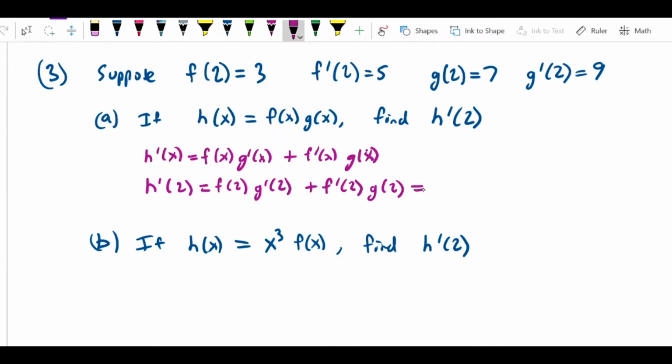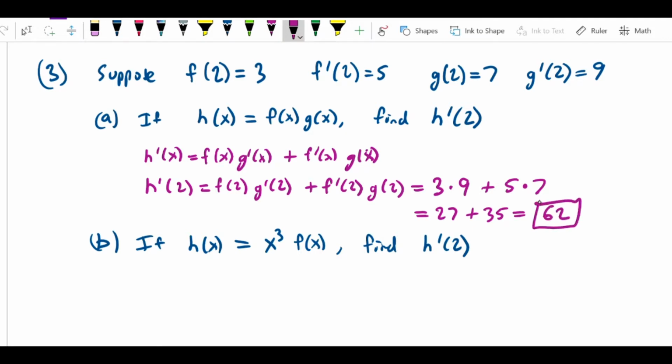And that's going to equal, let's see, f of 2 is 3, g prime of 2 is 9, f prime of 2 is 5, and g of 2 is 7. So that's going to equal 3 times 9 is 27, 5 times 7 is 35, 27 and 35 is, if I'm doing my arithmetic correctly, 62.